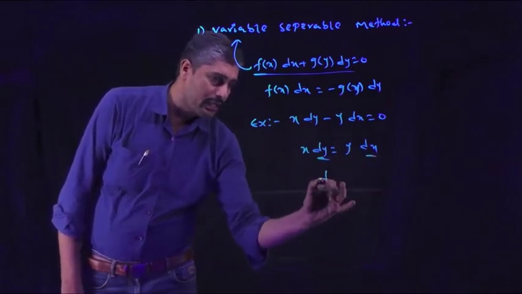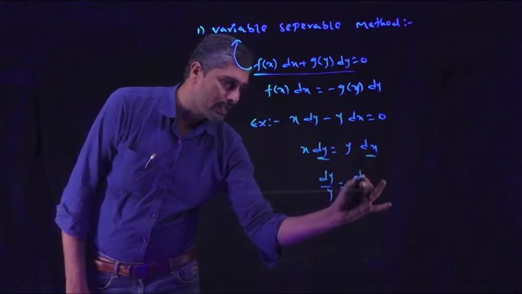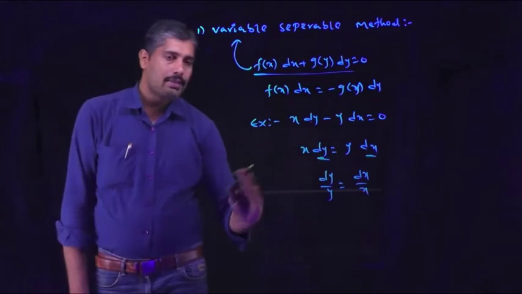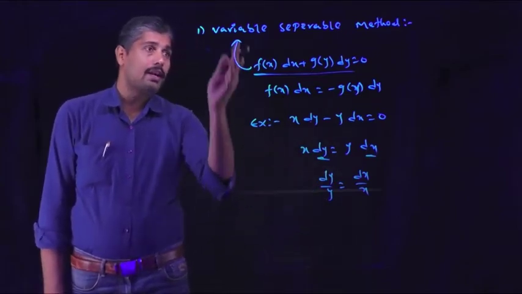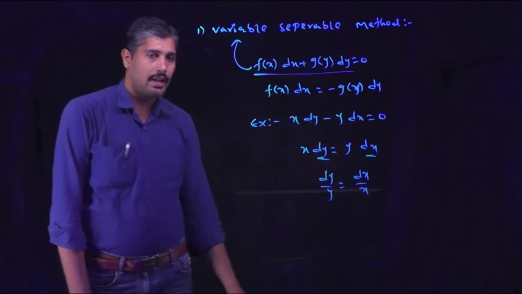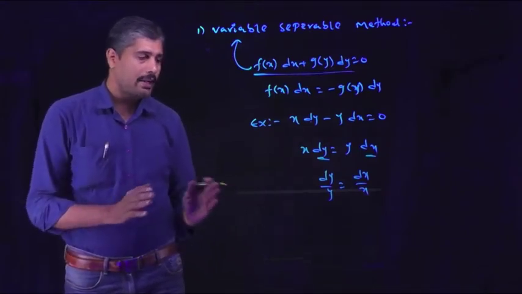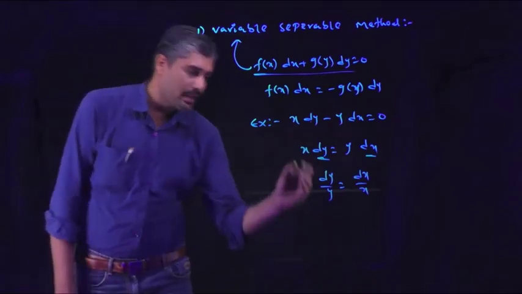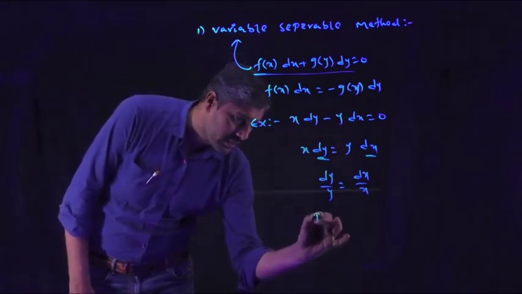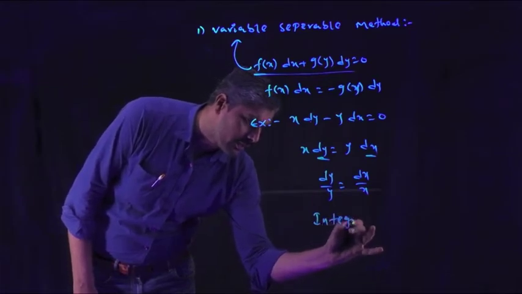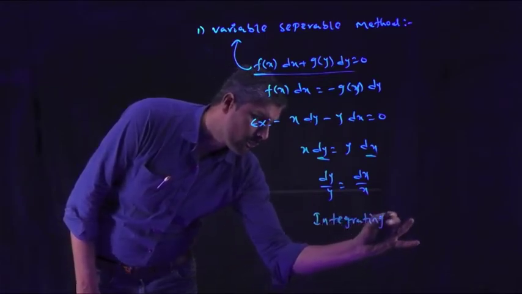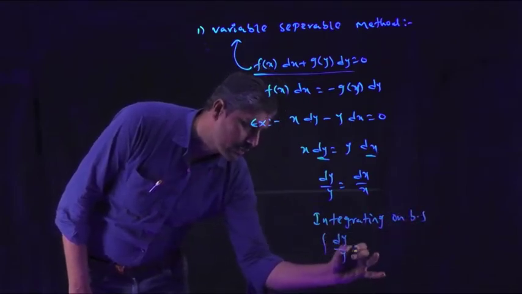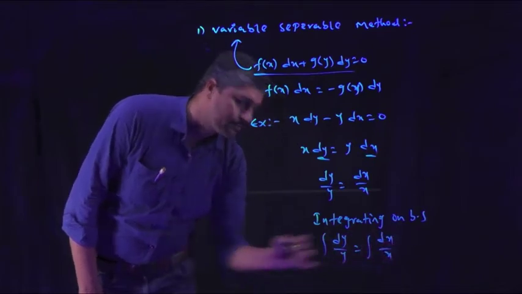Taking y to the left side, that is dy/y = dx/x. Separating the y terms and x terms, that's why this is called the variable separable method. Then taking integration on both sides, integral dy/y = integral dx/x.